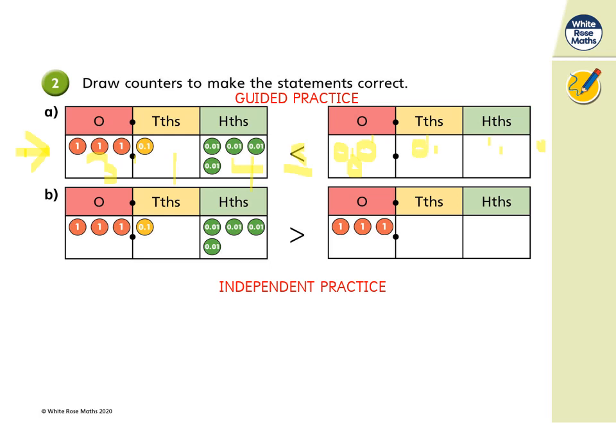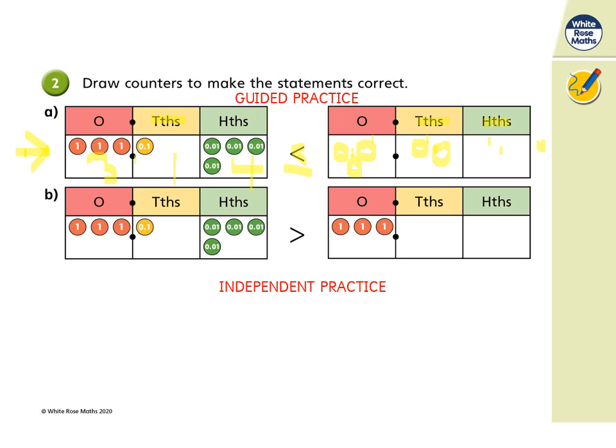So I could add 2 tenths, and immediately 3.2 is larger than 3.14 because I have more tenths. I have more of the larger value in my place value column. It doesn't matter that 3.14 has more digits, it matters about the value in the place value column.